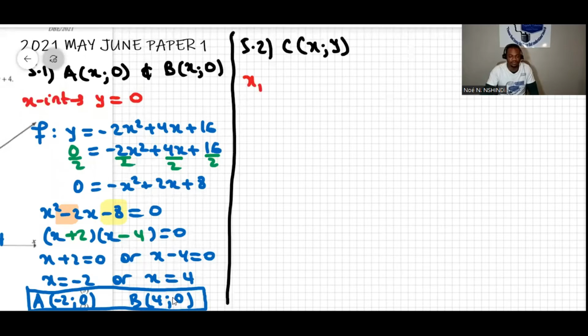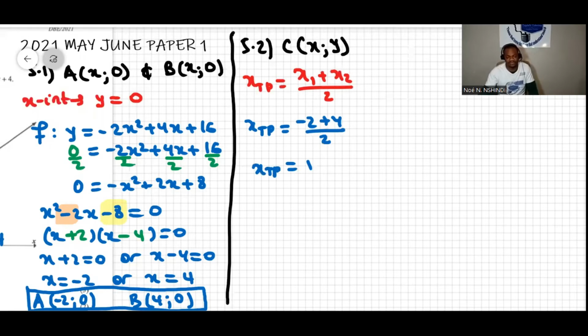Okay, the turning point. Now we can get the turning point, in this case, if we use xTP equal to the average of the x-intercepts. So x1 plus x2 all over 2. So here it's much easier. We can just say xTP would be equal to negative 2 plus 4 over 2, and then this is equal to 1, okay? xTP. Or another easy way is to use x is equal to minus b over 2a.